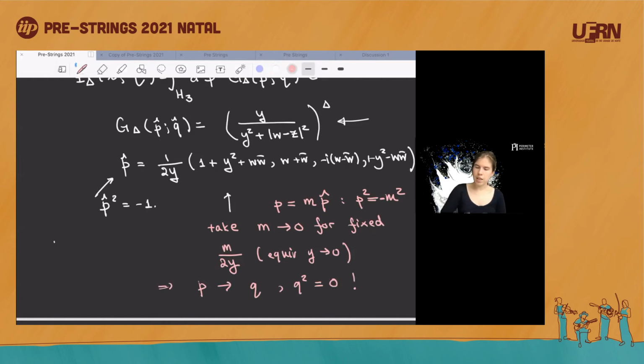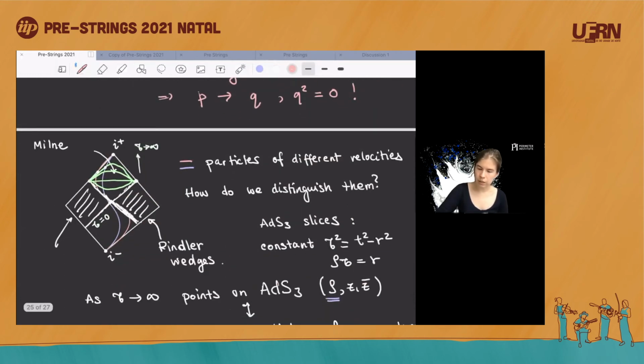Okay, and this you can also see from this picture: in this limit of taking M going to 0 for fixed ratio of M and y, that implies that we're taking y to 0, and so this means that we're taking the limit when all particles just cross the celestial sphere directly.